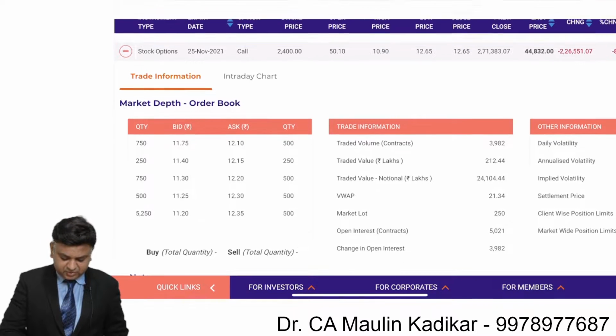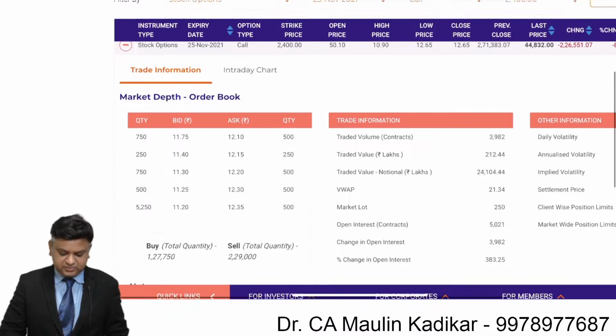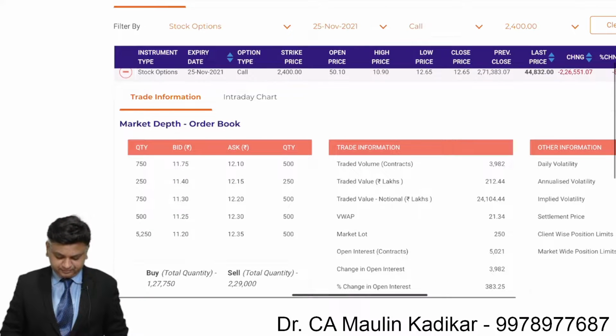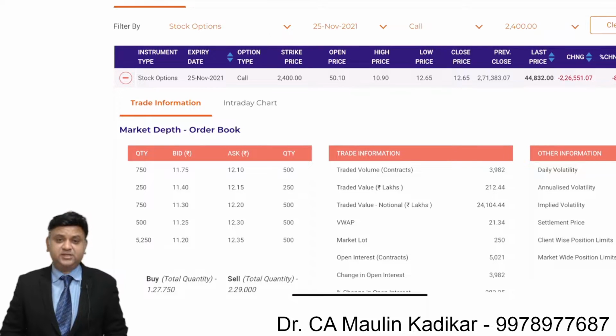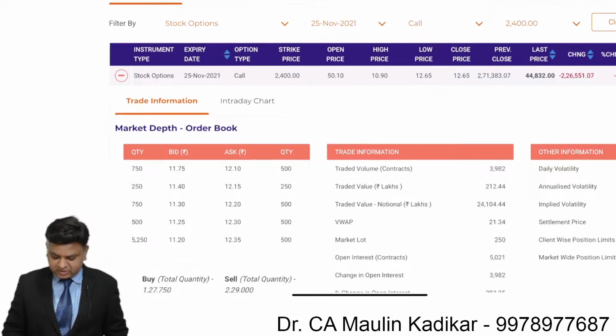You can see that over here the strike price or exercise price is 2400. So for this strike price, this is the premium which is going on. Again, the quantity is in multiple of 250 because the market lot is 250.